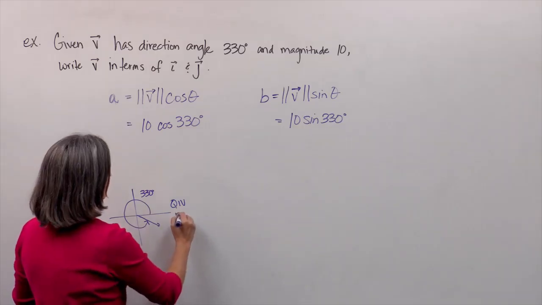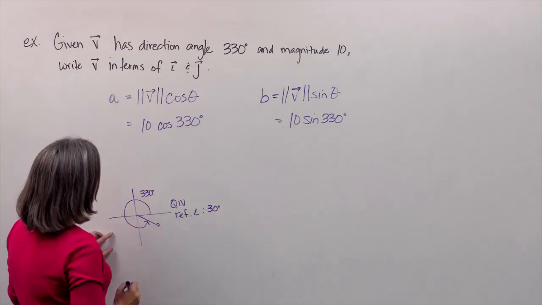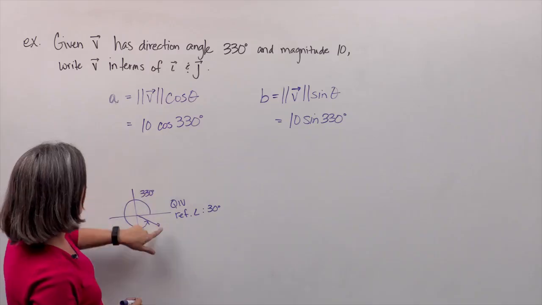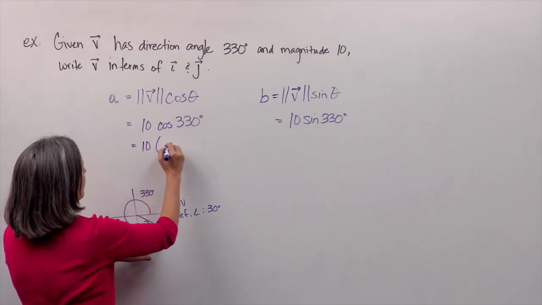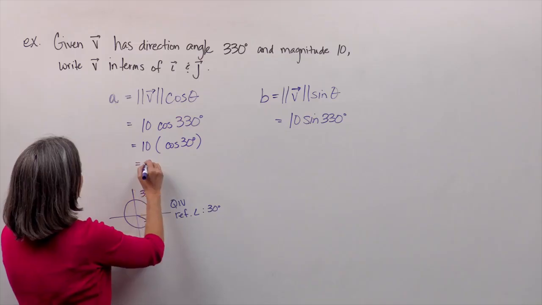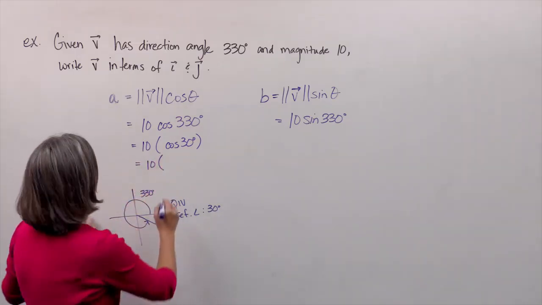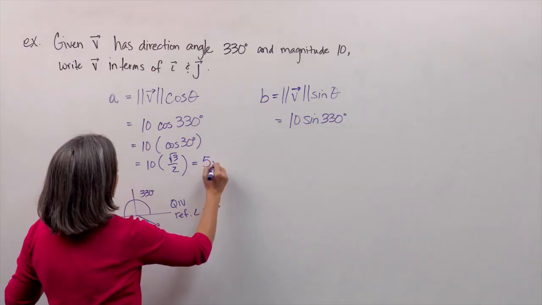The reference angle will be 30 degrees. We know that in quadrant 4, the cosine of an angle is positive. So this will be 10 times the positive cosine of our reference angle. The cosine of 30 degrees is square root of 3 over 2. And we're going to simplify that.